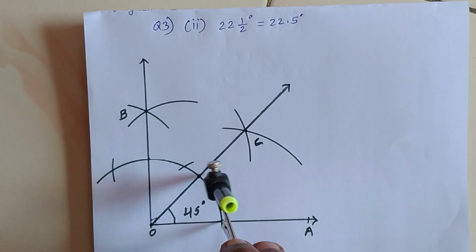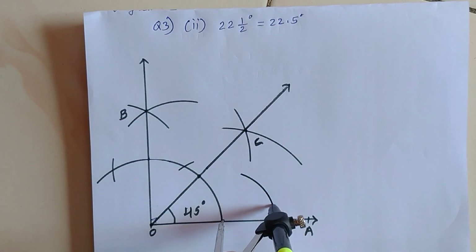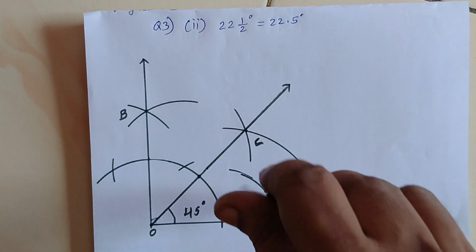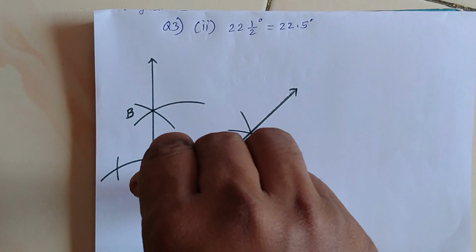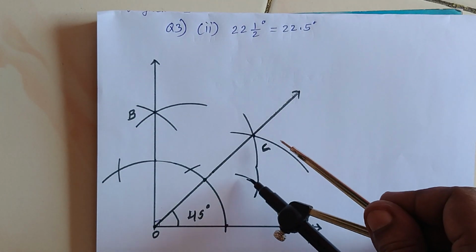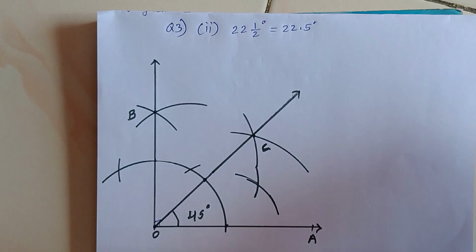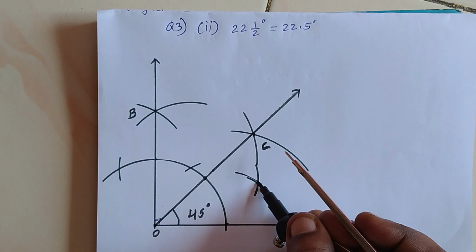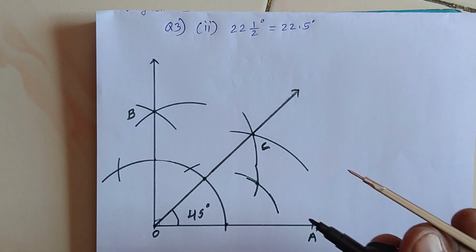So I have taken the full distance. Now draw the arc here, and don't disturb this, otherwise your angle will not come. Here a little bit of disturbance, but it has intersected here, so you will get the point of intersection of two arcs.